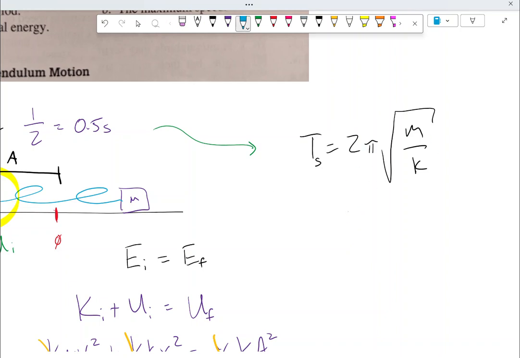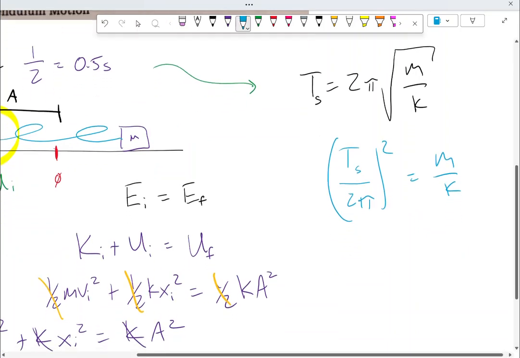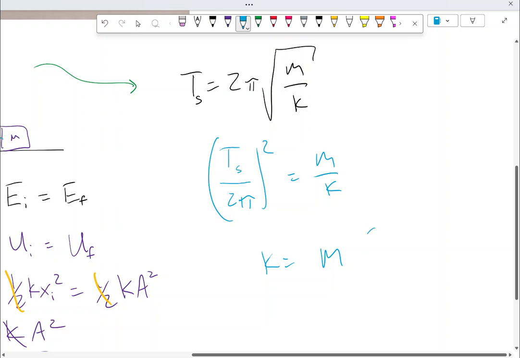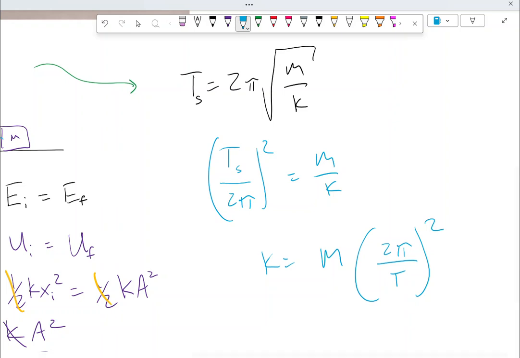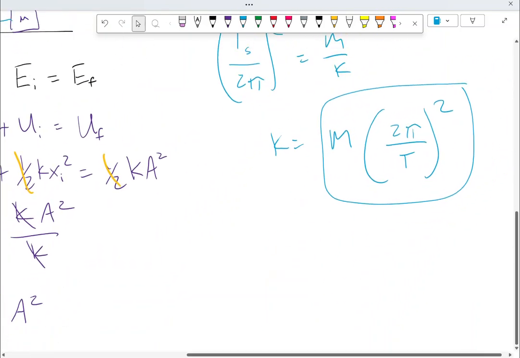I'm going to divide both sides by 2 pi, so this is going to be the period divided by 2 pi, all of this squared, and that's going to equal m over k. That means my spring constant is m times 2 pi divided by the period, squared. And so that's going to be my spring constant. So let's see, we can plug that in.